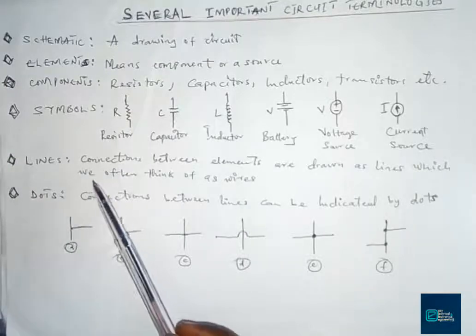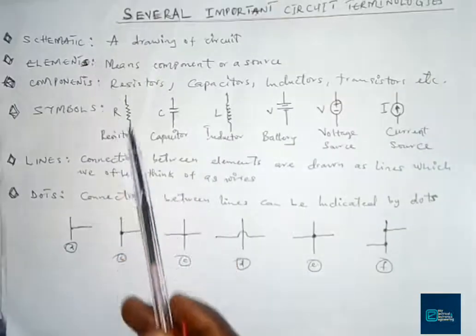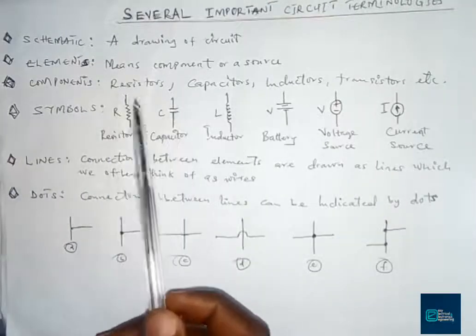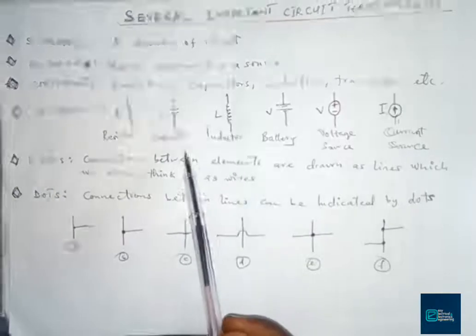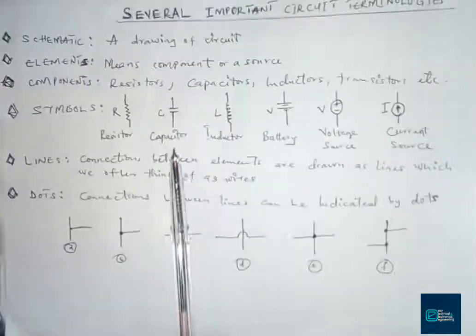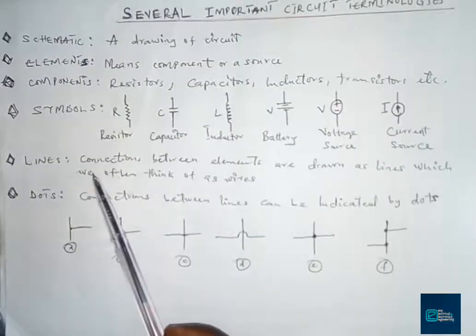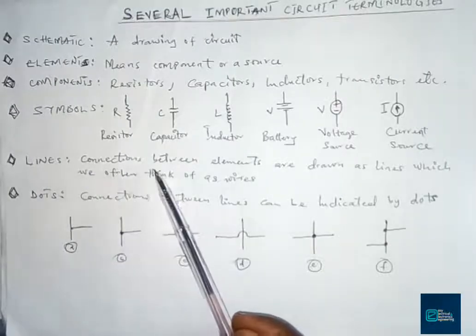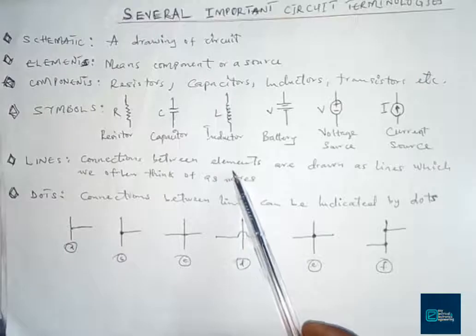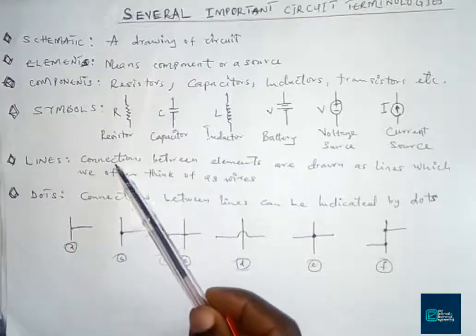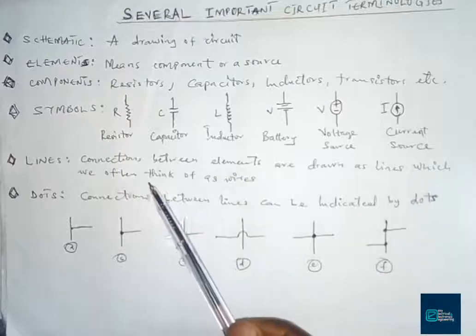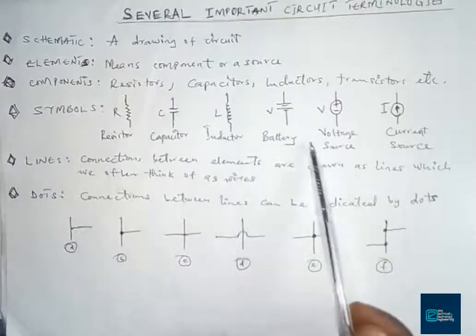In a schematic, we normally use lines and dots to represent whatever we are imagining to have in our circuit. Lines mean connection between elements. So when we connect element to element, we make use of lines to represent them, which means we are talking about wire in that case.